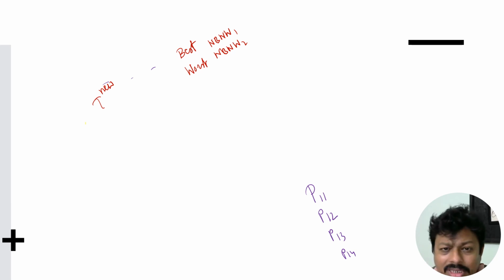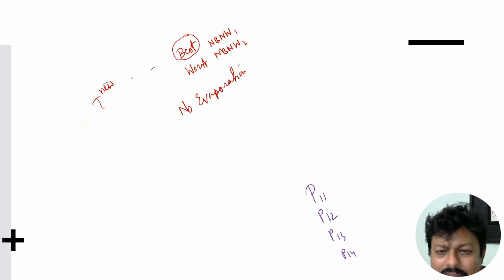Now it is assumed that at the best path there will be no evaporation. At the best path there will be no evaporation, only deposition.